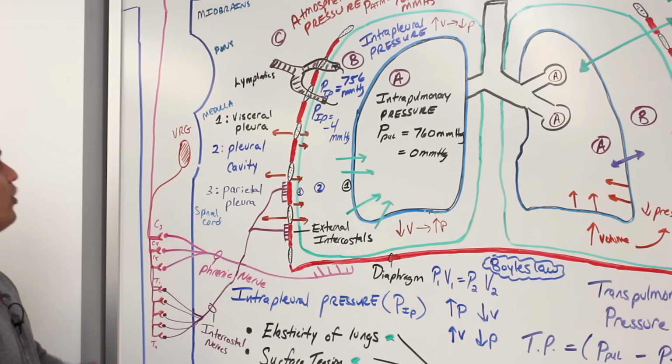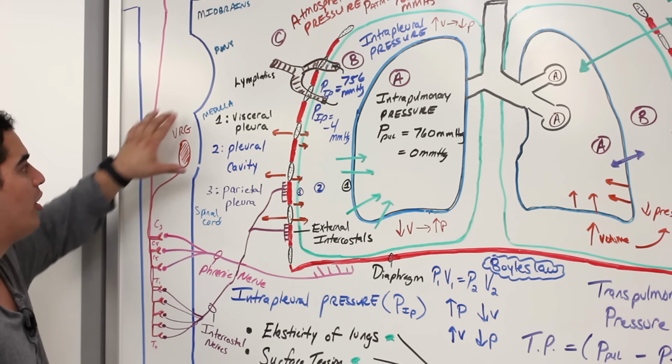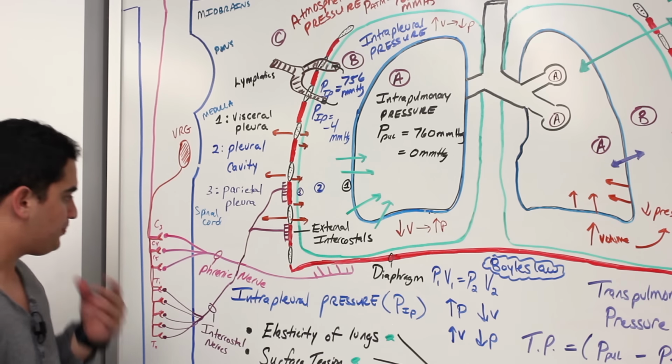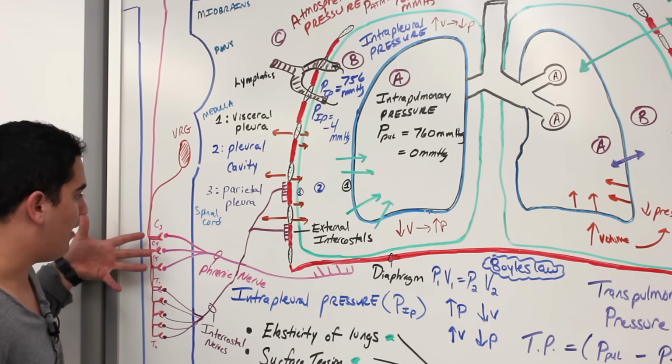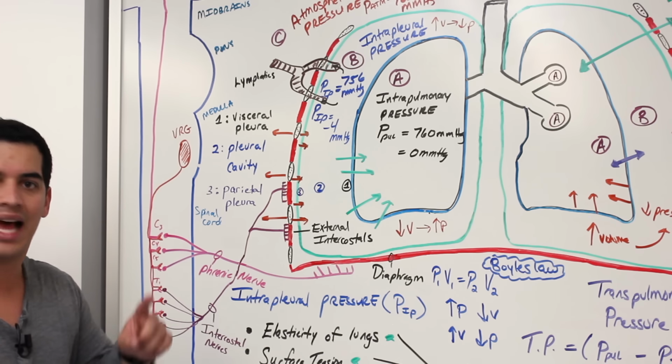So you have an input coming from the cerebral cortex as well as from the ventral respiratory group within the medulla. Anyway, when these signals come out through the phrenic nerve and the intercostal nerves, what's happening?